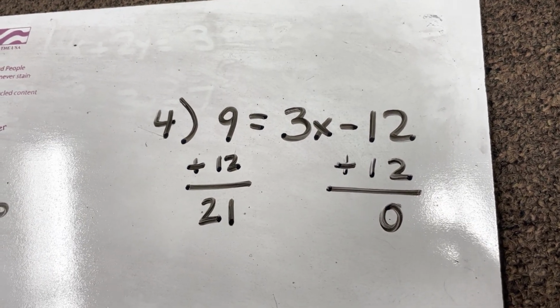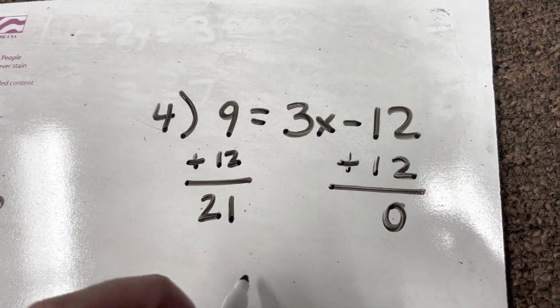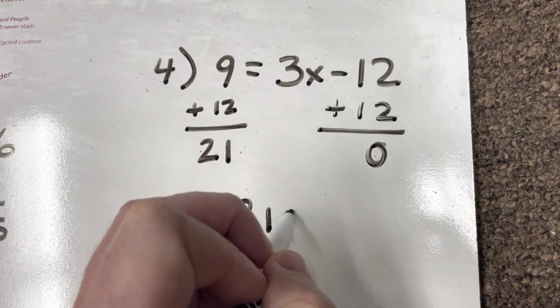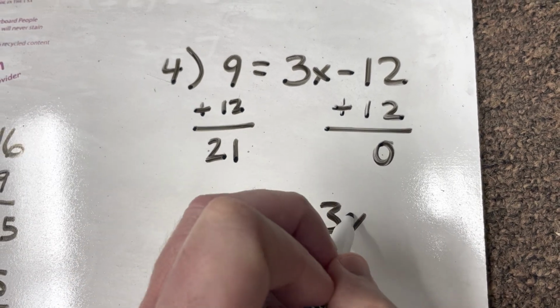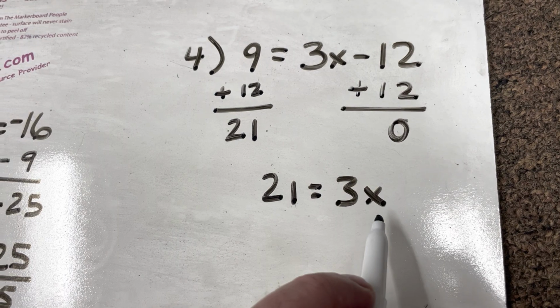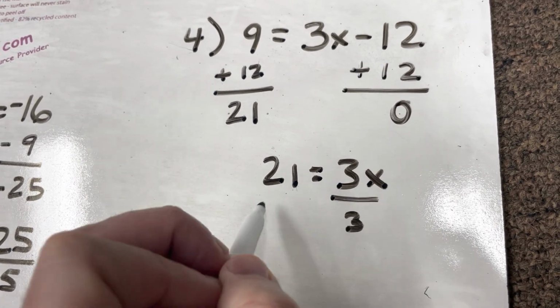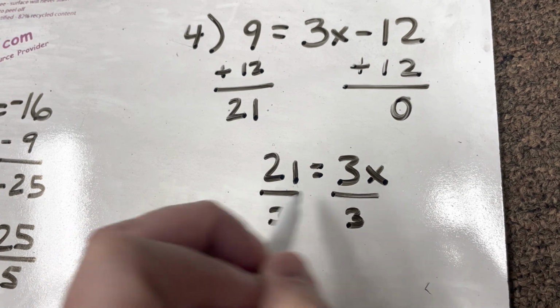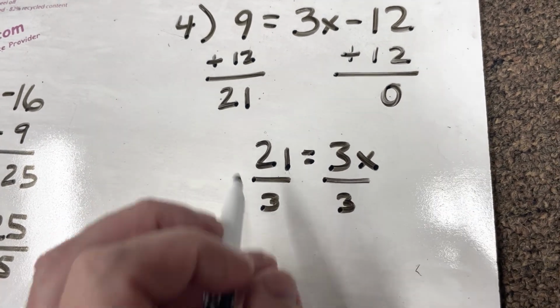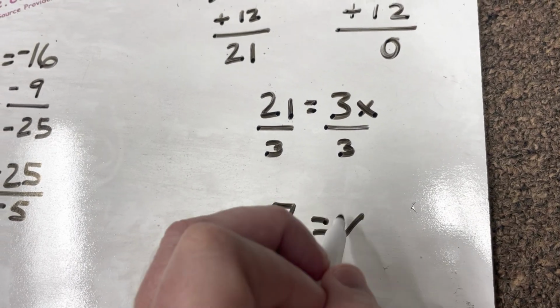That leaves me with 21 equals 3x. If 21 equals 3x, to isolate x, I've got to divide everything by 3 because that's the number that's there. 21 divided by 3 is 7. That tells me that 7 is what x equals.